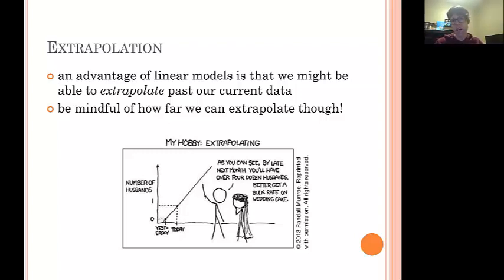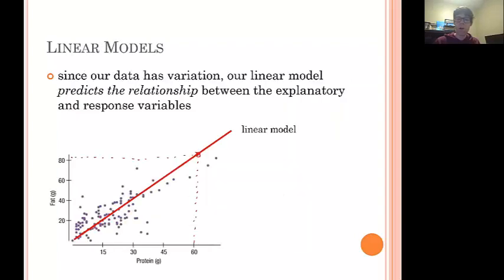However, you have to be really careful about how far you extrapolate. If we go back to the burger example, does it really make sense for a burger to have 300 grams of protein? Probably not, so I probably don't want to extrapolate that far using my linear model.